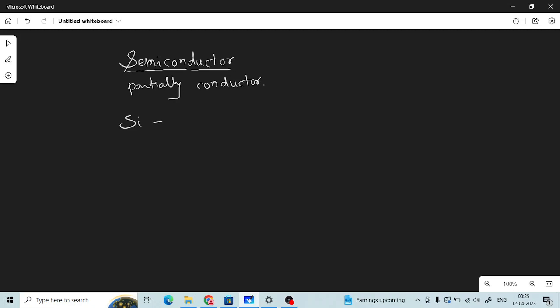Silicon is an element with atomic number 14 and therefore the electronic configuration will be 1s2, 2s2, 2p6. So, this becomes 10 and then 3s2 and 3p2.